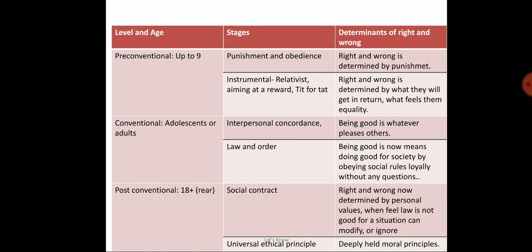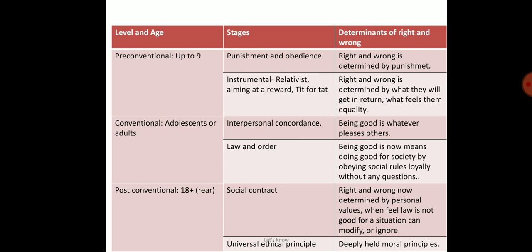So you can see Kohlberg says there are three levels. First one is pre-conventional, second one is conventional, third one is post-conventional. Again he divides each level into two stages. Okay, so finally it stands at 6 stages and 3 levels.